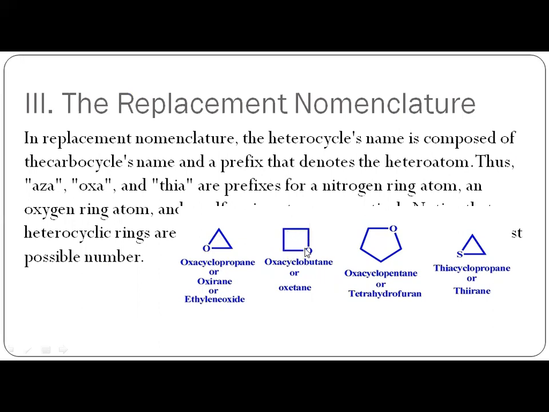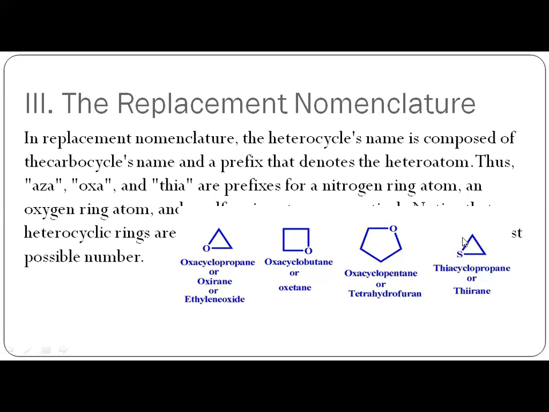A 4-membered ring is called cyclobutane, but there is one oxygen atom, so we indicate it as oxacyclobutane or oxetane. Next one, a 5-membered ring containing one heteroatom, oxygen. So its name will be oxacyclopentane or tetrahydrofuran. It is also used as a solvent in many reactions.